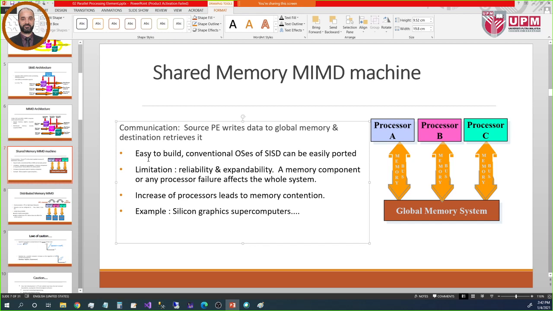Easy to build here, conventional operating systems of SISD. So if every processor could work in this mode, SISD, it can also work as SIMD. Limitation of this: reliability and extendability are very limited for this kind of machines. A memory component or any processor failure affects the whole system.